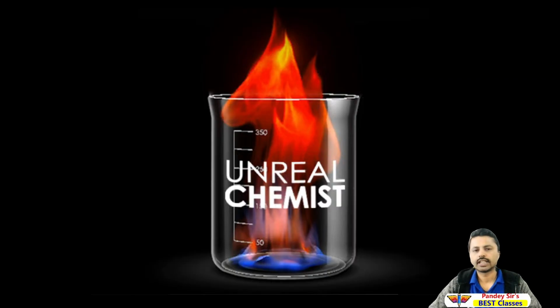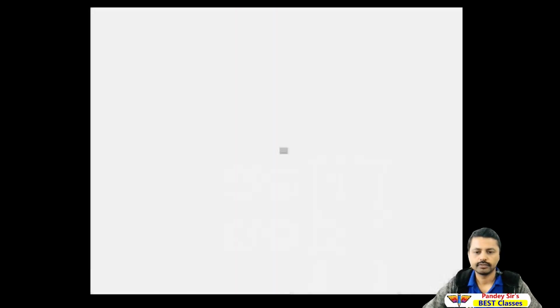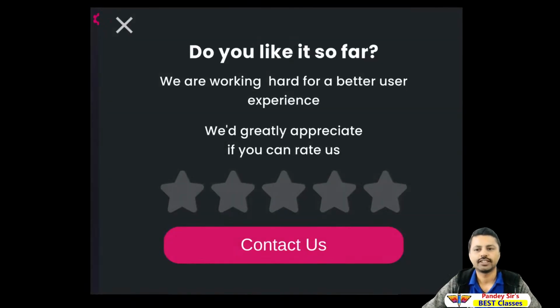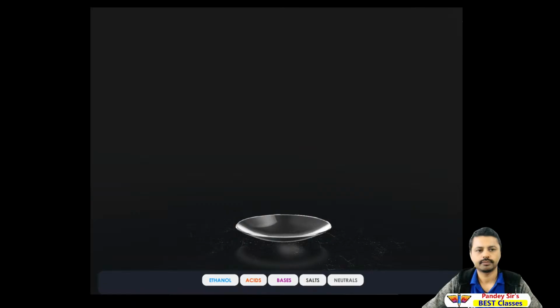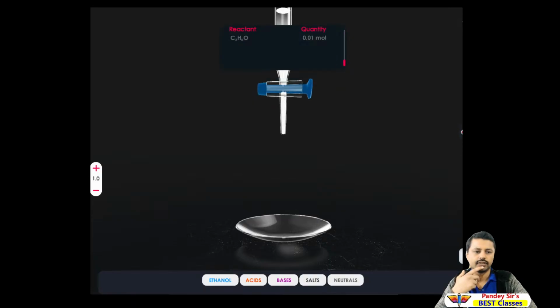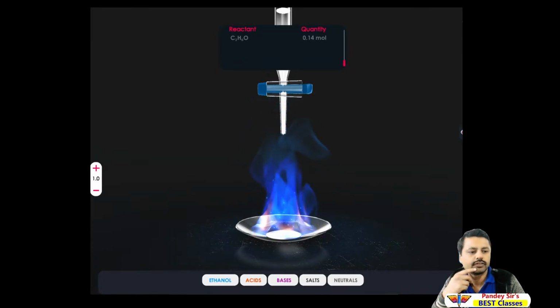Oh my god. So here it's not working. Oh, it's working, it's working. So yeah, let's burn something. What will happen if I burn ethanol? Which color flame will come? Oh, blue flame. Nice. So the ethanol reaction I'll write down first.